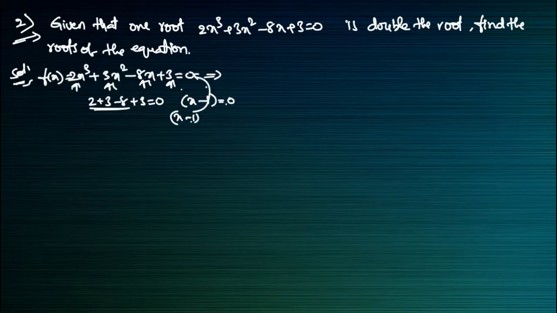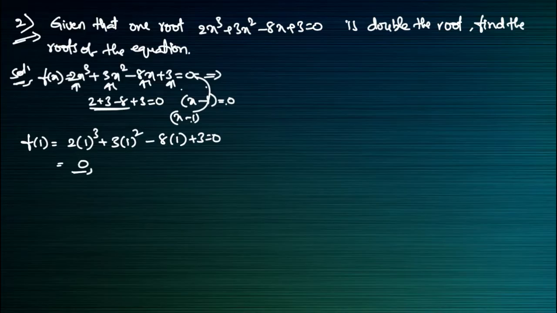Now if I substitute 1 in the x place, f of 1 is 2 into 1 whole cube plus 3 into 1 square minus 8 into 1 plus 3, which is equal to 0. Since f of 1 is equal to 0, I use this method to find the other factors: 2, 3, minus 8 and 3.